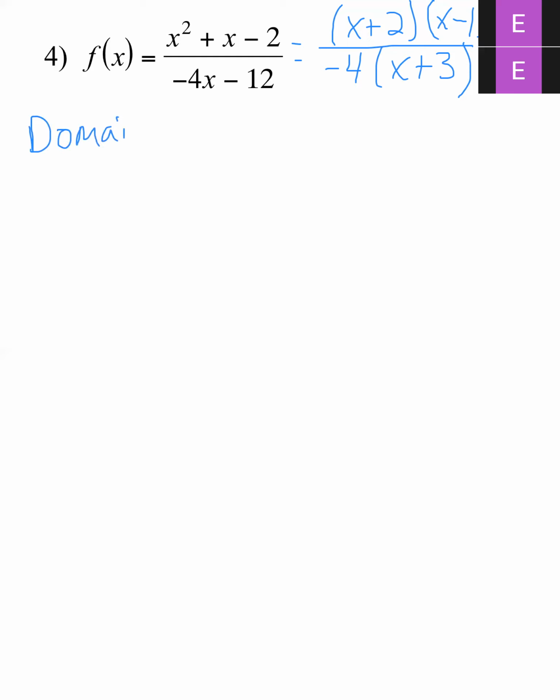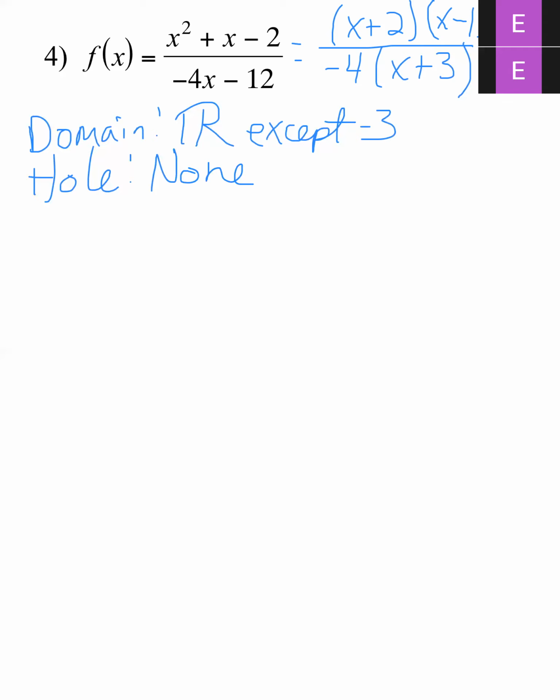It's going to be all reals except, does anything make my denominator turn into a 0? Yes, -3. So all reals except -3. Okay, hole. I don't have a hole because nothing canceled out, so none. Vertical asymptotes.